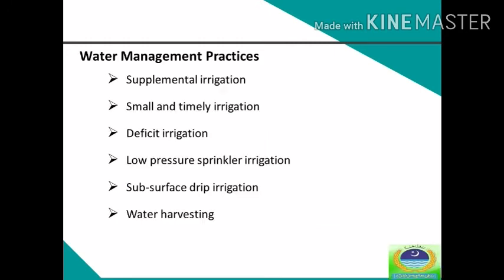Water management practices for improving water use efficiency and yield in dryland areas include supplemental irrigation, small and timely irrigation at the time of crop need, deficit irrigation, low pressure sprinkler irrigation system, subsurface drip irrigation, and water harvesting for maximum water infiltration and water storage in the root zone. However, farmers must not be tempted to overexploit the groundwater in order to supply the supplemental irrigation.